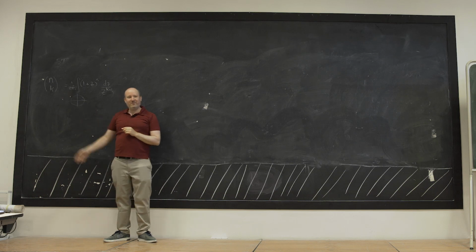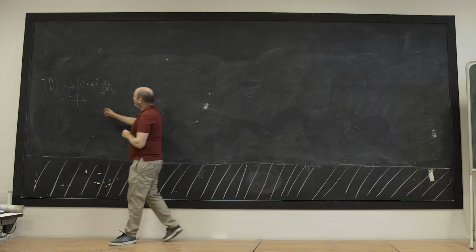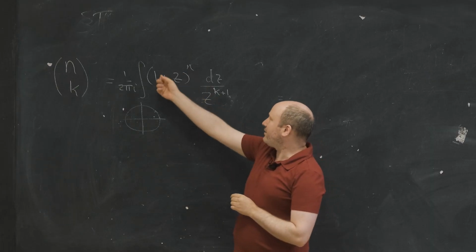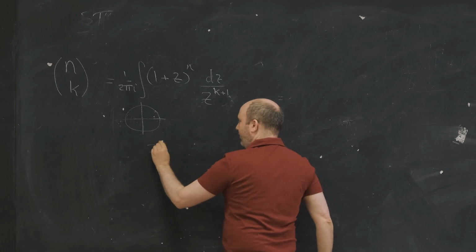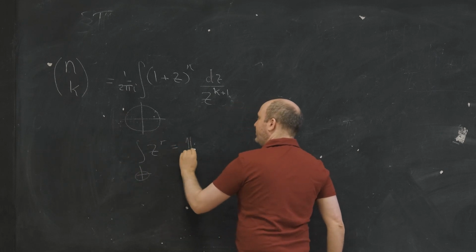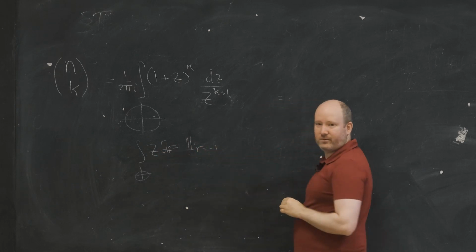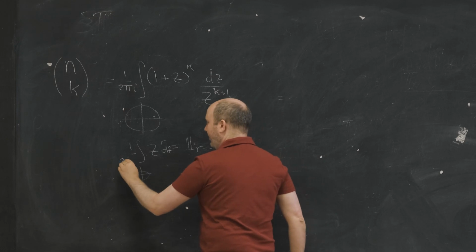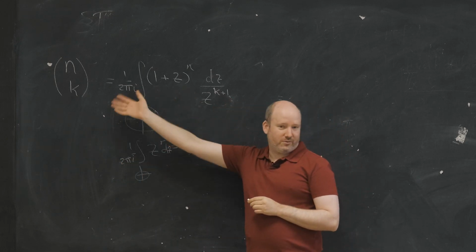I don't know how much you remember complex analysis, but the basic idea is that when you integrate any power, z to the r, around a circle, you get the indicator function that r is equal to minus 1, divided by 2 pi i. With just this fact, you can prove this very easily.